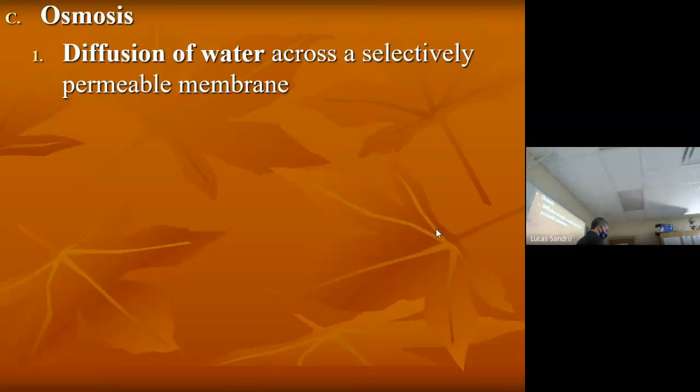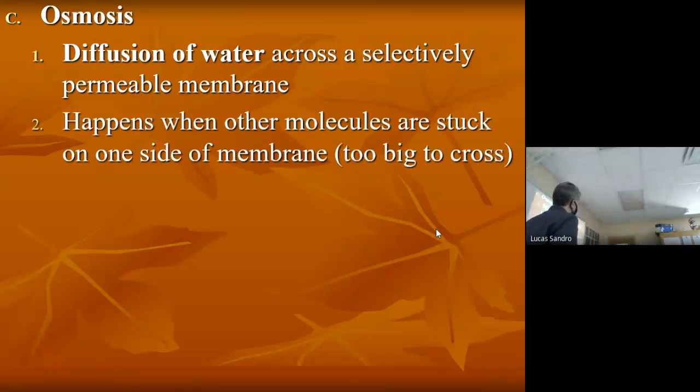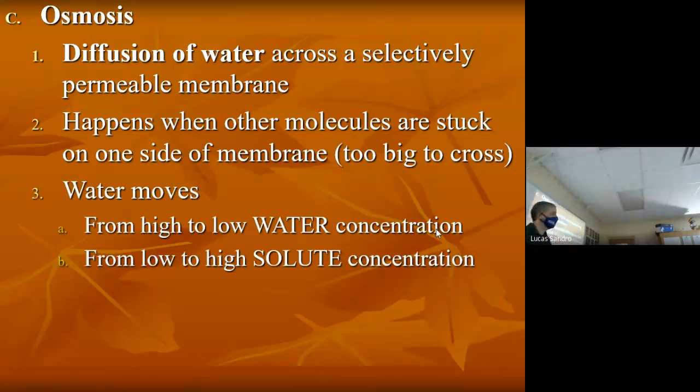And to figure out which way the water is going to move is the challenge, because it's weird. It's not exactly what you think. What happens is, if those molecules are stuck, you immediately have to switch the way you're thinking, and what's going to happen is the water is going to move.